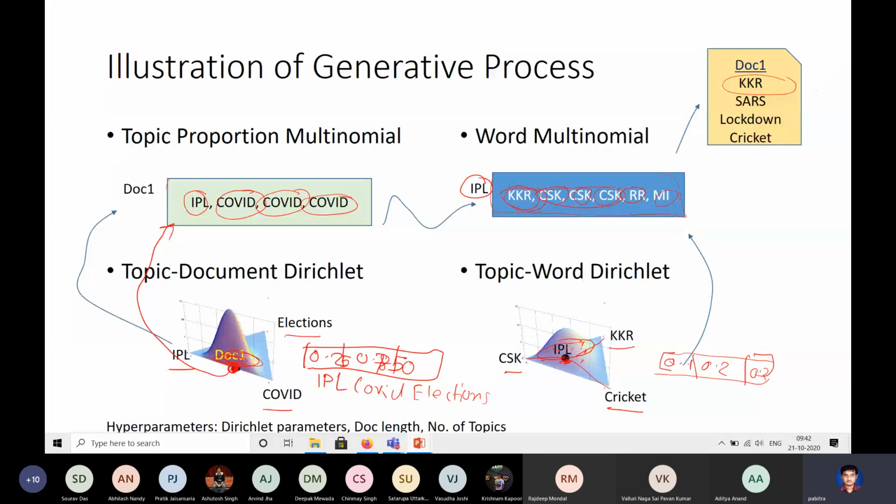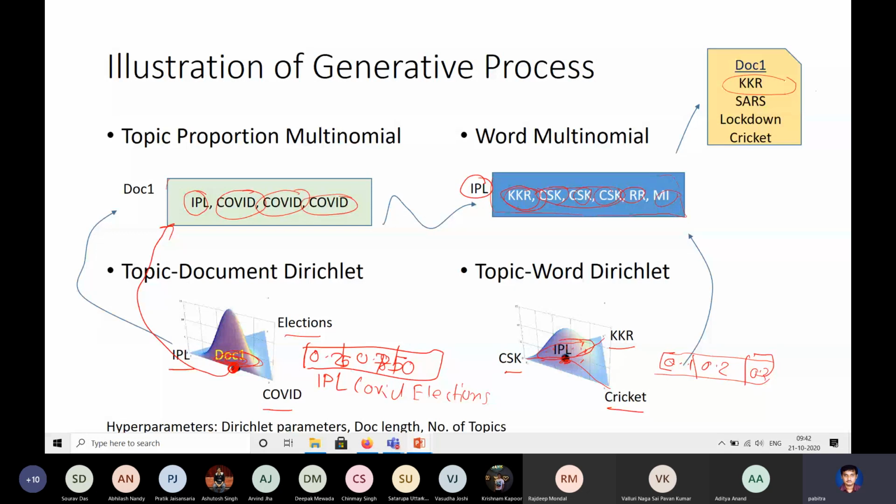And this part is near the corner or the edge. So any topic you pick up will lie towards the corner. That means it will be sparse over the words. Any topic will consist of a combination of few words, not all words. Again with some proportion, but few words. Most of the words have zero proportion.